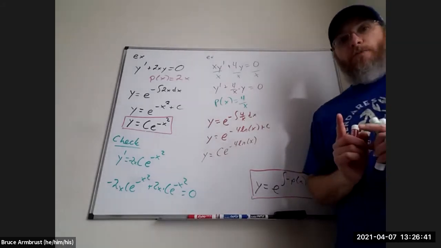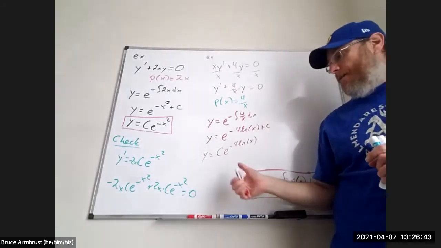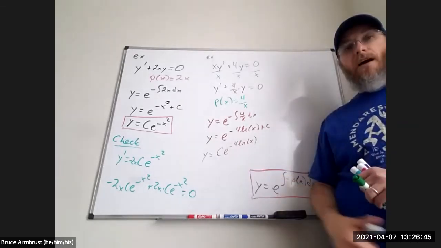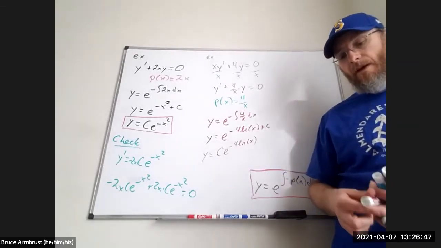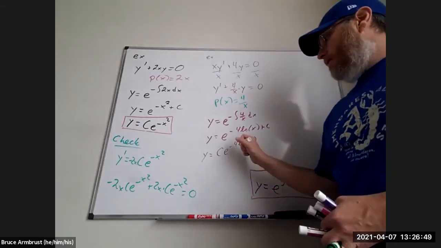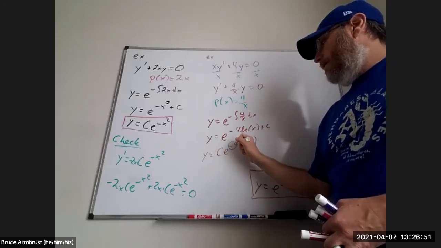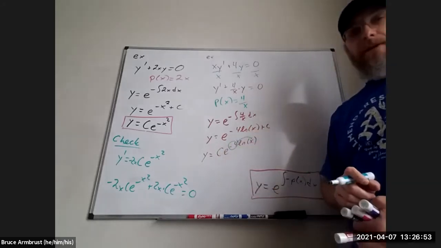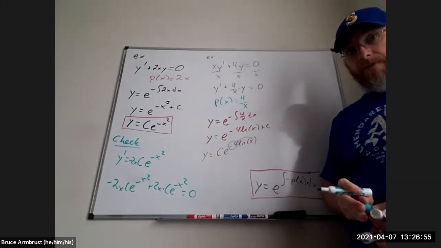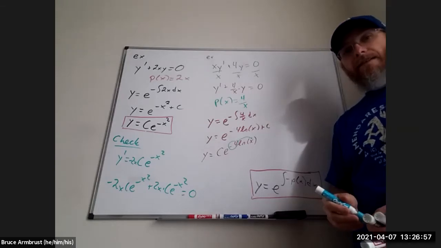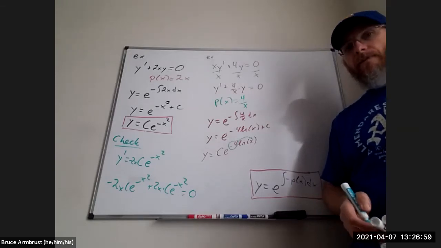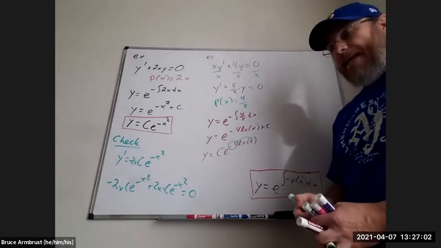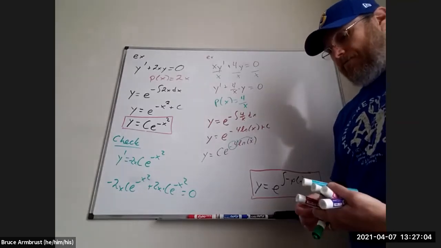But I'm also going to do one more thing now. I'm going to simplify this using the rules of logs. That minus 4 can come in as an exponent. So we have natural log of x to the minus 4, which means that e is going to cancel with that natural log.